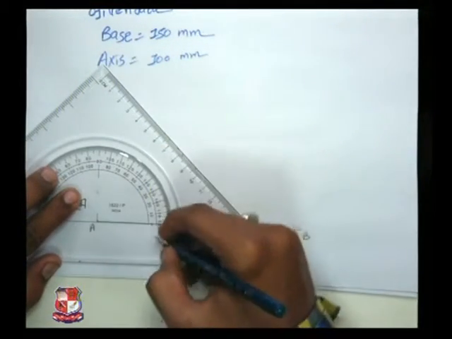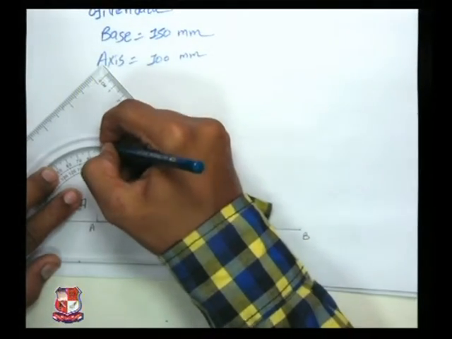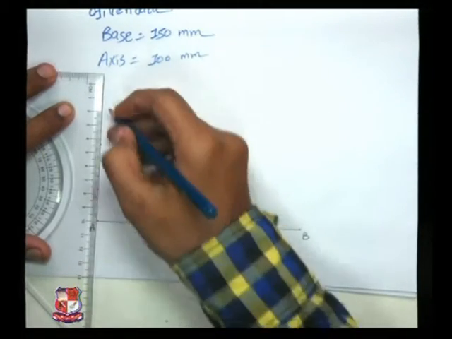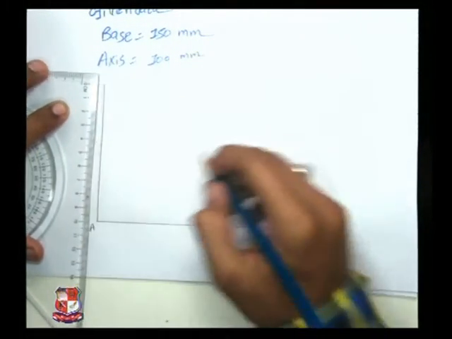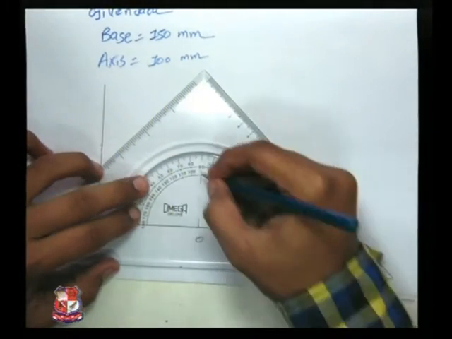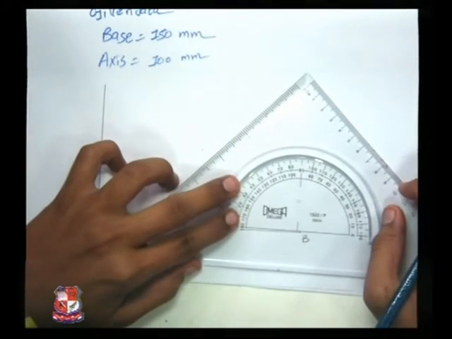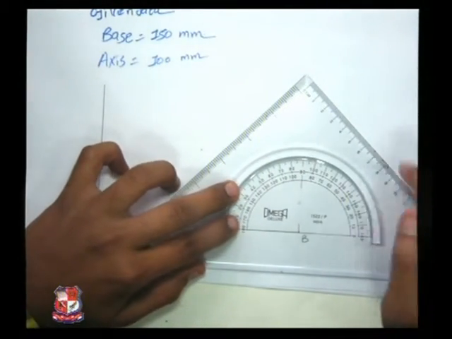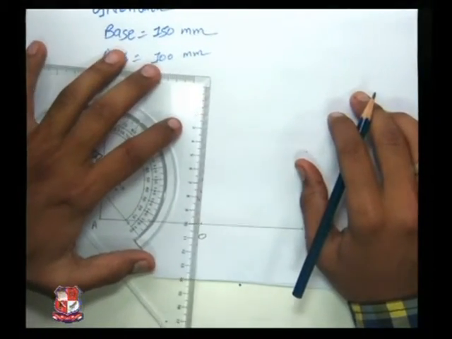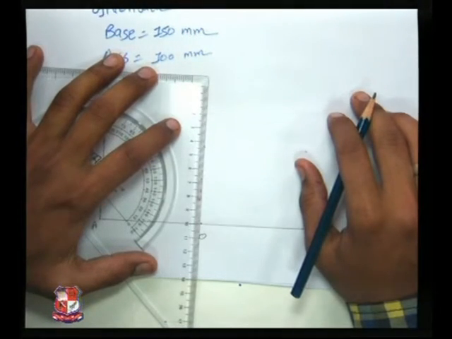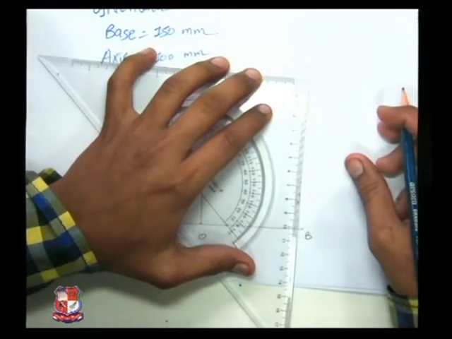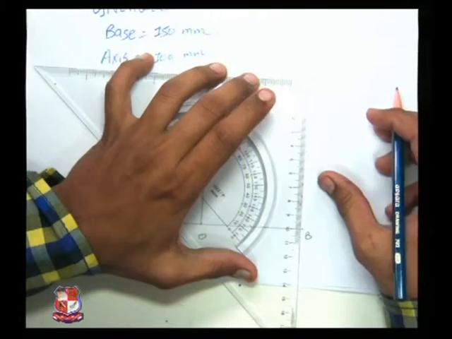So from points A, O and B I will draw a perpendicular line of 100 mm. This method can be used for drawing a parabola. Make sure that all the lines are perpendicular so that the proper curve can be obtained.